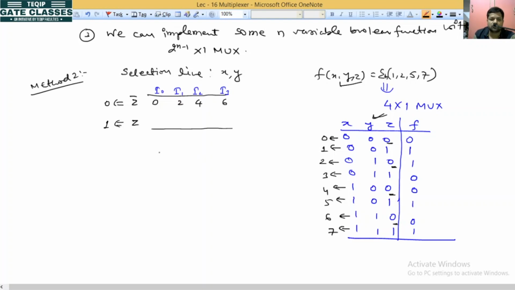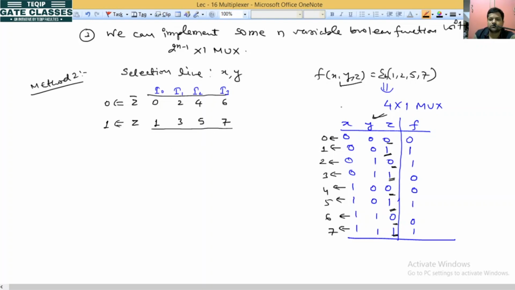Now z means 1. So place the corresponding decimal numbers where z equals 1 in front of z. So it will be 1, 3, 5, 7.